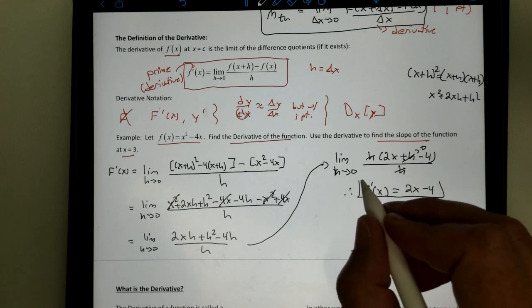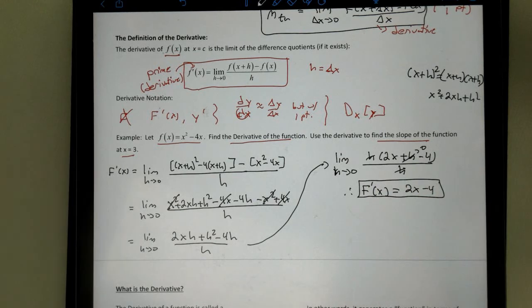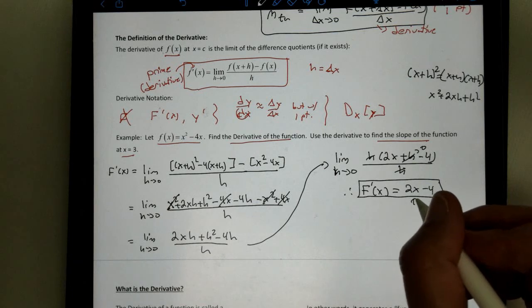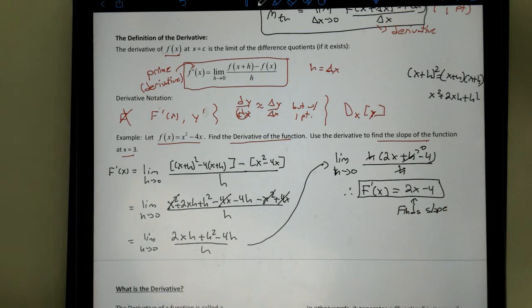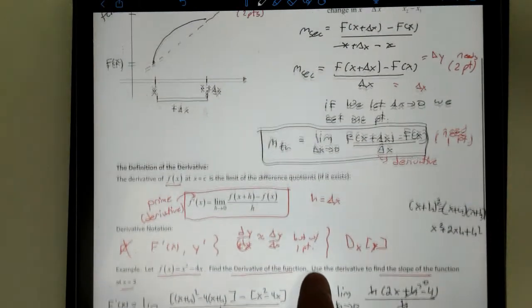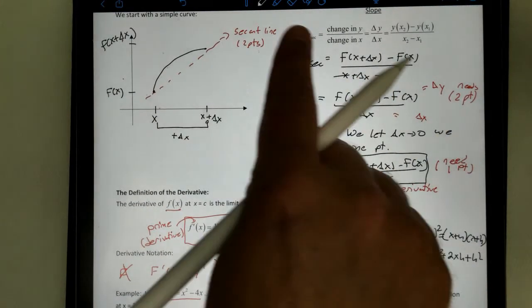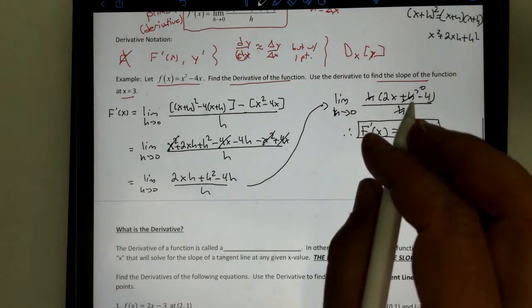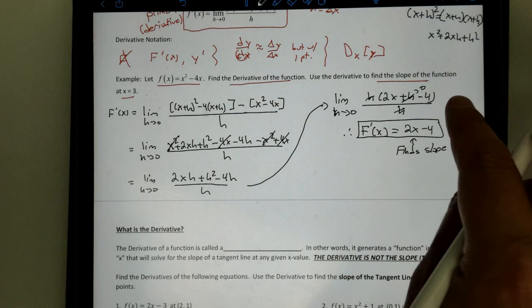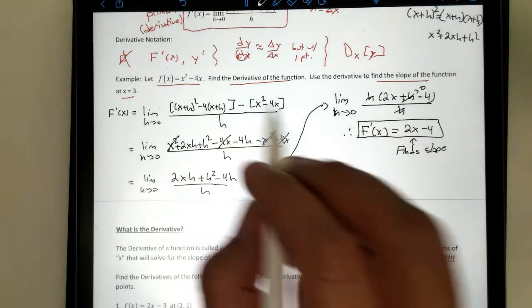And there's our derivative. Now, this derivative has a very special meaning. It finds slope. That's all it does. It just finds slope. Remember, we got the derivative from the slope formula. So we proved that this is actually slope for us. Now, the last part of the question says, find the slope at x equals 3.